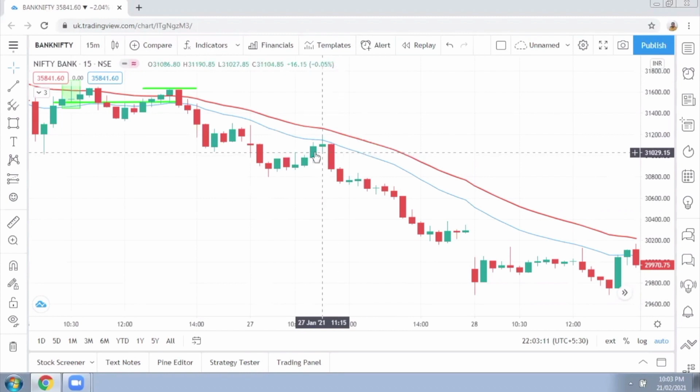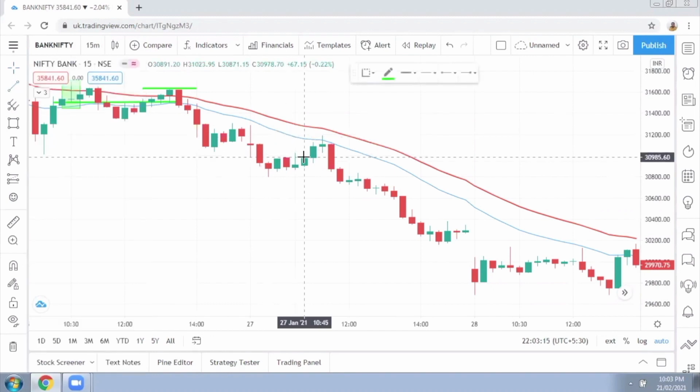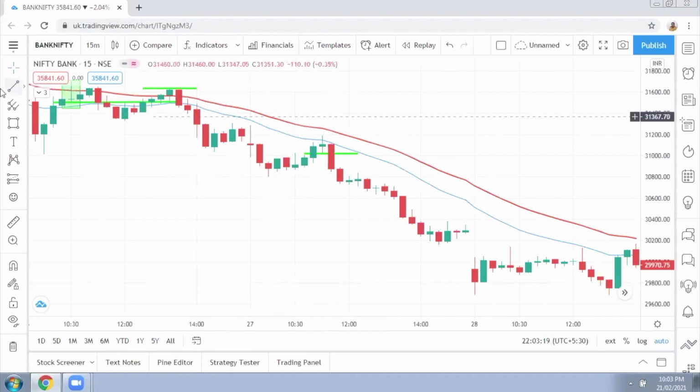Again on the second day you can see I have marked a doji candle here, and I will enter short once the low of that doji breaches. Why have I chosen that doji candle?